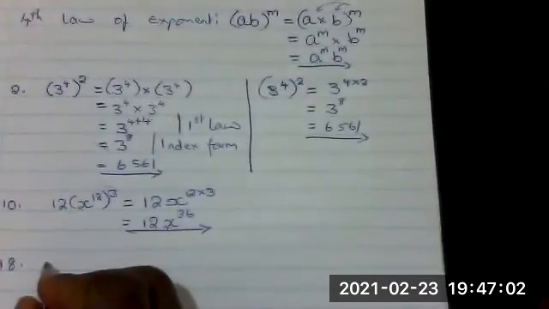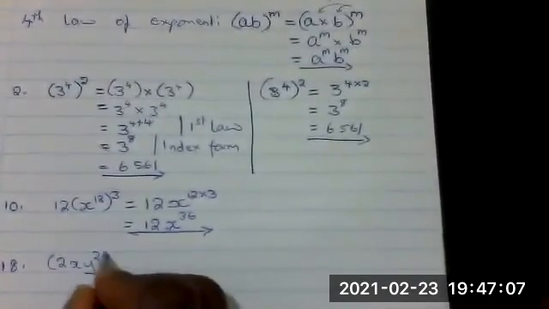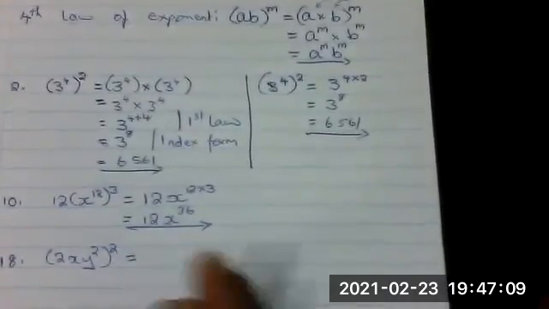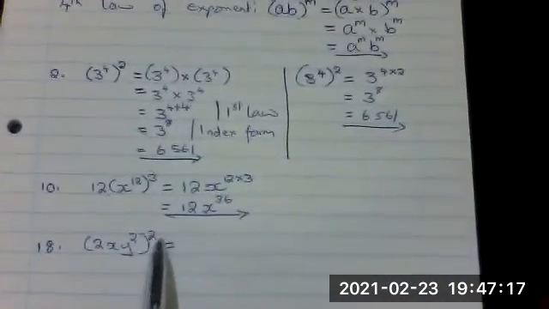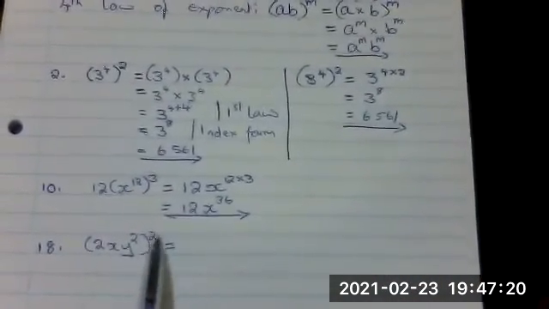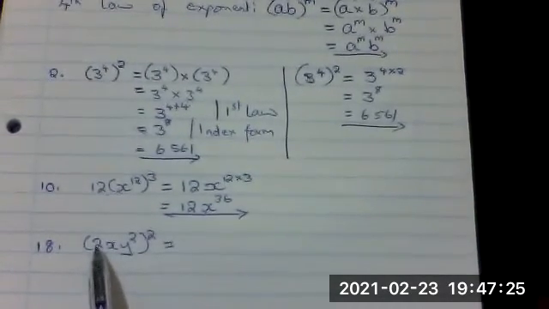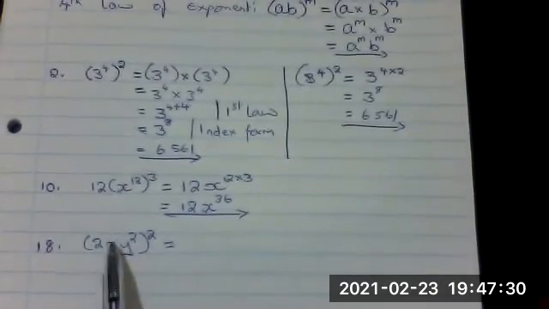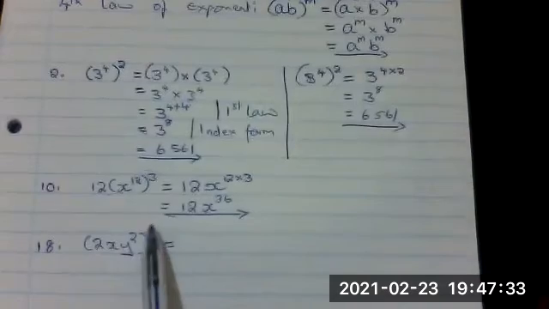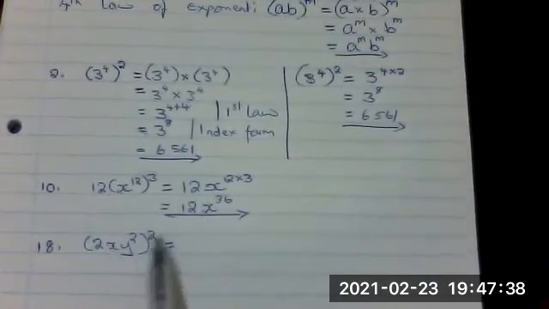What we are seeing is one bracket that is raised to exponent 2, and inside we have 2xy squared. So each number inside the bracket is raised to exponent 2, the exponent that is outside here.